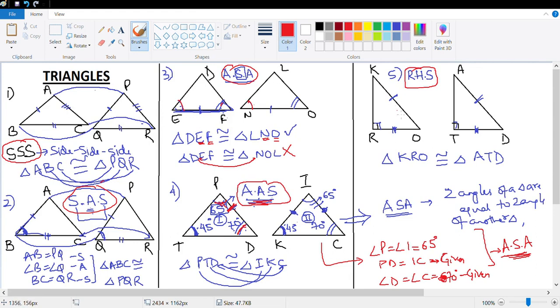Any other method, there is no test called SAA, there is no test called ASS, there is no test called AAA. These tests do not exist, so we should be careful on how we are looking at the questions. Let's try and solve some questions. Maybe our life will become easier when we solve some questions. So let's look at some questions.